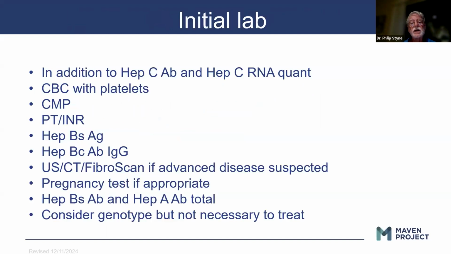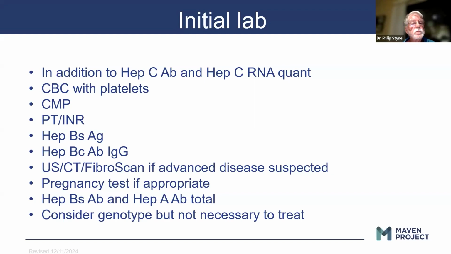So in addition to getting a hepatitis C antibody and then the RNA, which we want to get to confirm that they have active disease, we're going to want a CBC with platelets, because we want to make sure that they don't have a low platelet count suggesting cirrhosis. A full CMP, which will give you a creatinine. A prothrombin time and INR, again, to give you a hint of whether or not they have advanced disease.